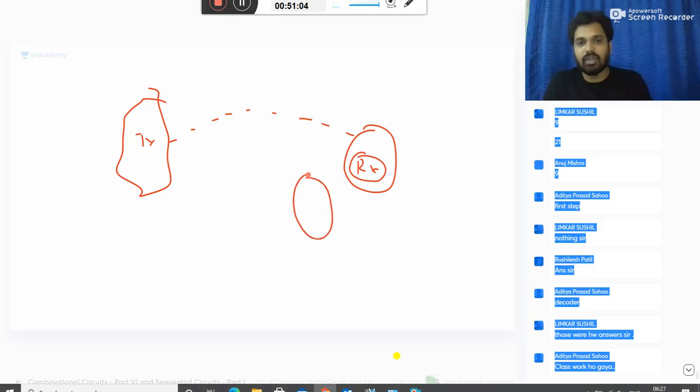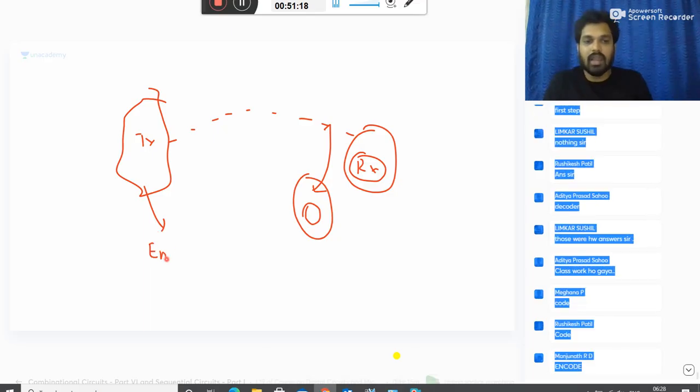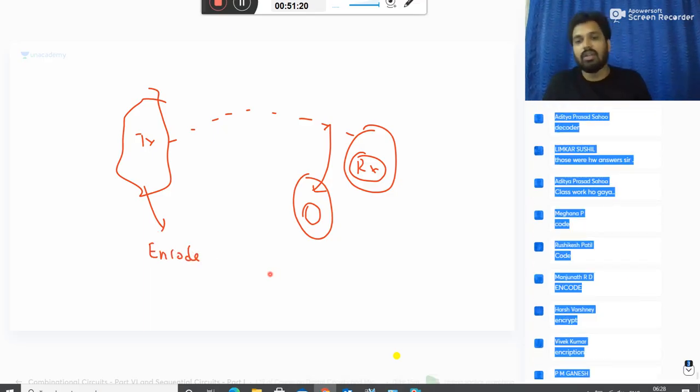Another person should not receive this data, and even if he receives it, he should not understand it. So what you do is you encrypt or encode the data and send it. At the receiver, you decrypt or decode.